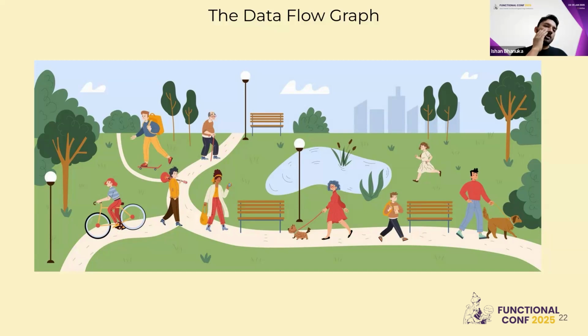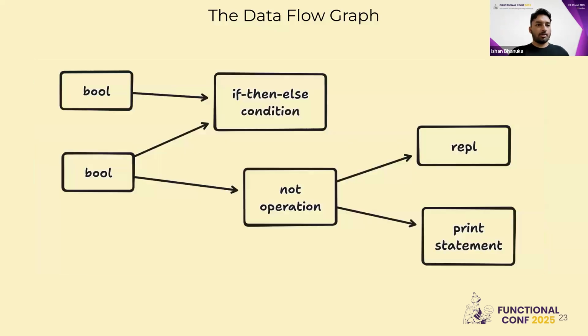So the idea for tracking all these constraints was to visualize a park where there are many paths, and types can walk along these paths to various places. They all start at the entrance and then exit somewhere, right? And for a program that type checks, all the values walking in a particular park will be of the same type.